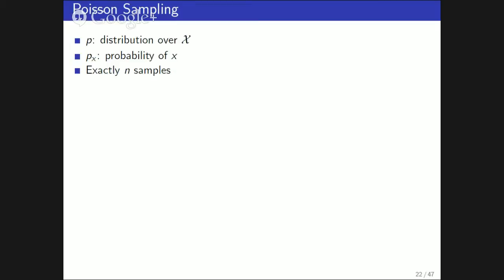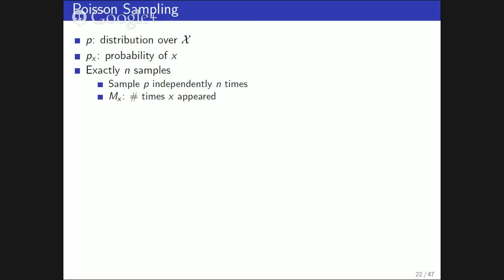And so what we normally look at is you take n samples. That's the way we describe it. You say, hey, you have n samples, what can you get? Okay. And so if you do that, you take P and you sample independently from P n times. And you can let mx be the number of times that x appears. So for example, if the sequence is heads, heads, tails, then m heads is 2, and m tails is 1, because it appeared once.